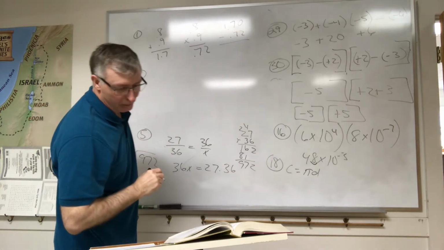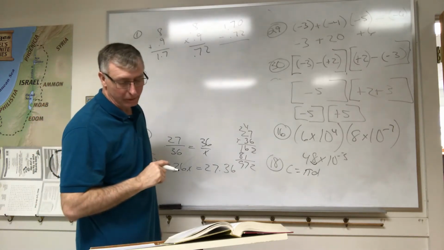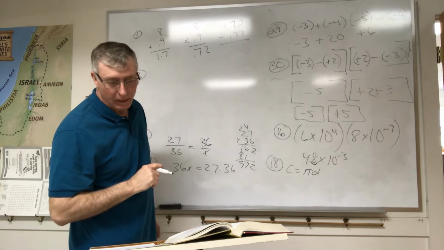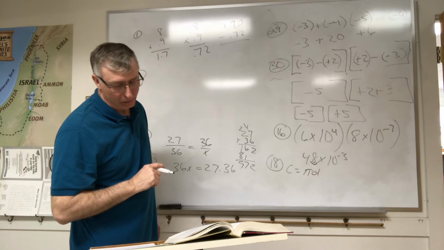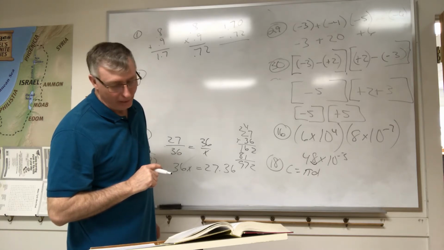Number 3, the 24 ounce container is priced at $1.20, and this container costs how much more per ounce than the container priced at $1.44?